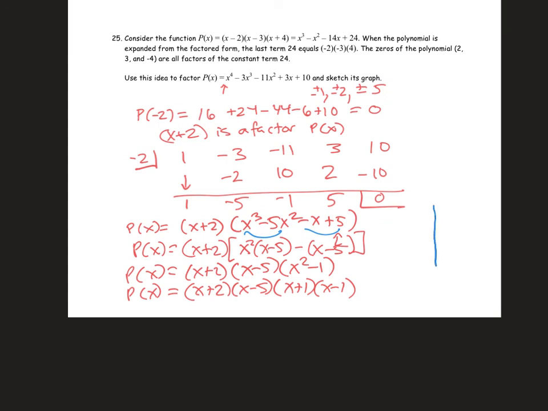And notice I have 4 zeros, all of multiplicity 1, which means they're all going to go straight through. Multiplicity is the exponent they're all raised to. And so I'm going to put a zero of -2, a zero of -1, a zero of 1, and a zero of 5.